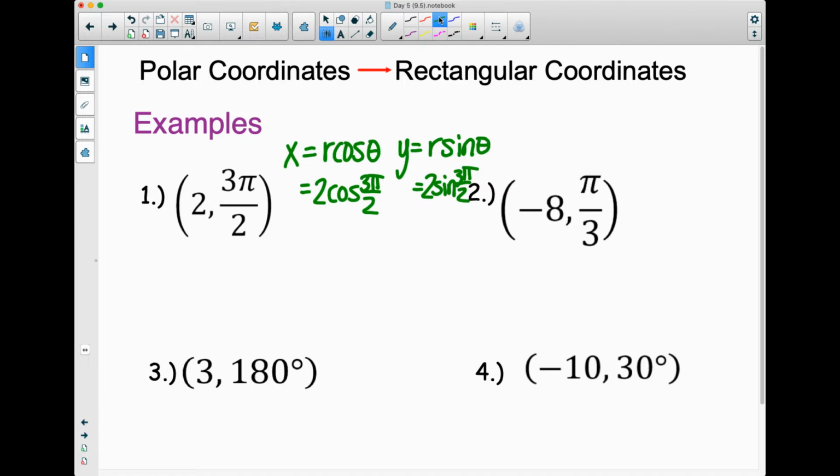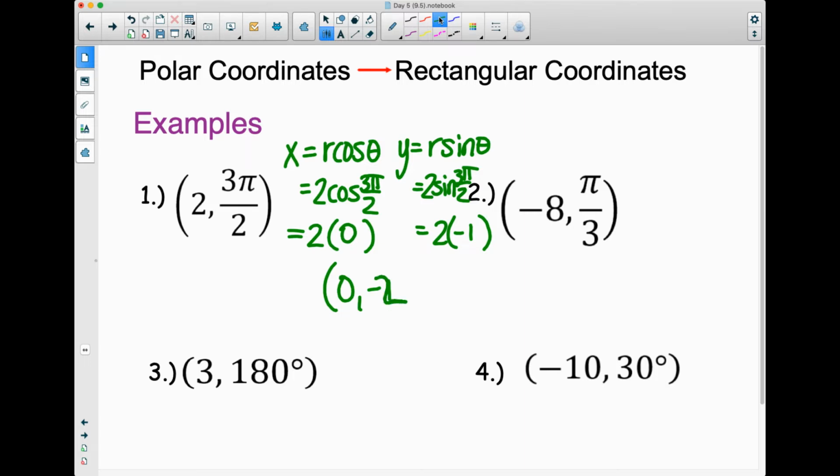What's cosine at 3 pi over 2? 0. And what's sine at 3 pi over 2? So then my new ordered pair is just 0, negative 2.